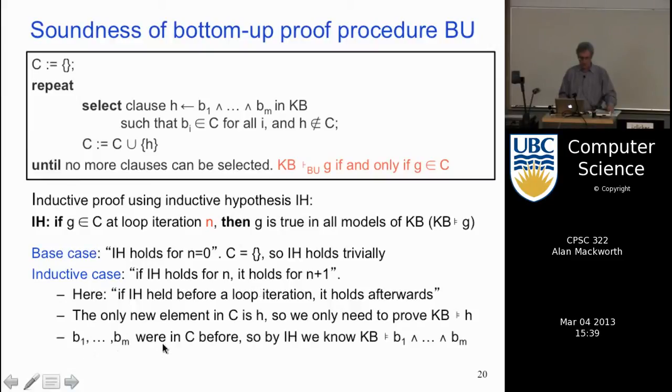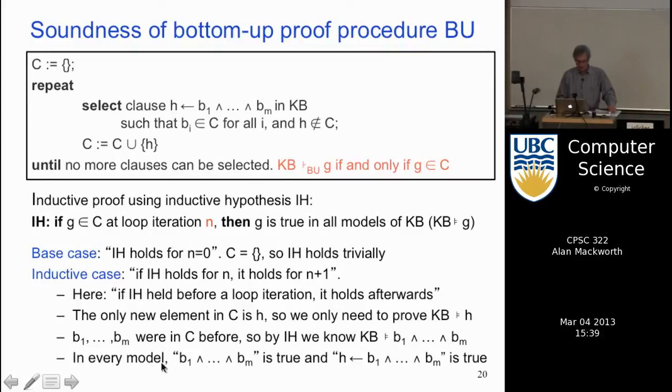These atoms were in C before, so by the inductive hypothesis, we know that they logically follow from the knowledge base. We're assuming this holds before the loop does this one more iteration. So all of the atoms in there must logically follow from the knowledge base, therefore the conjunction logically follows from the knowledge base.